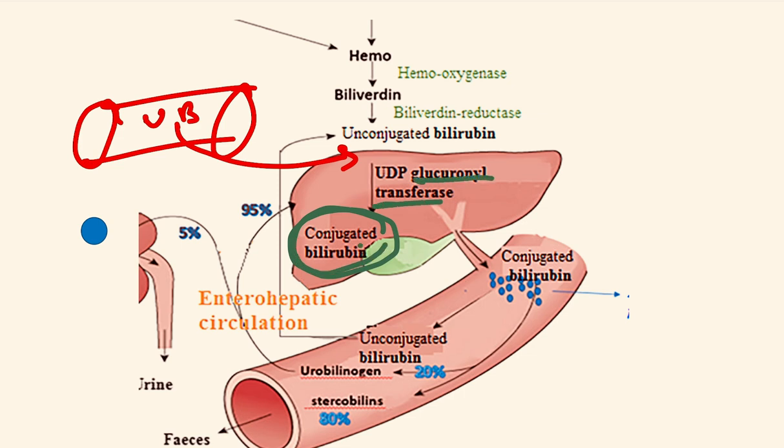After that, the conjugated bilirubin goes to the right and left hepatic duct, then the common hepatic duct, then the common bile duct, and finally reaches the duodenum and small intestine. So it is the normal pathway.